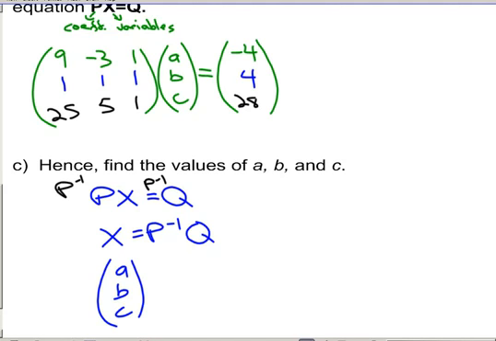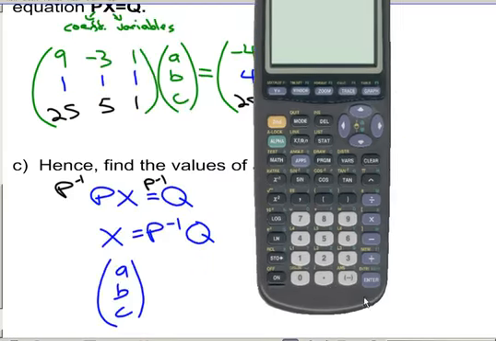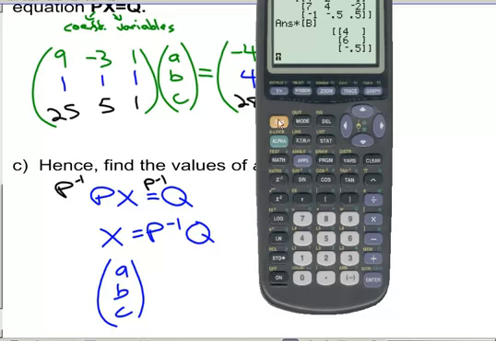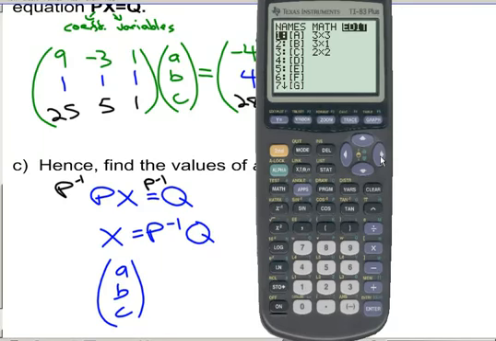So I'll go to my GDC. I'm going to have to put in these matrices. I call them P and Q in the question. I'm going to call them D and E. So my matrix D is a 3 by 3 with the numbers 9, negative 3, 1, 1, 1, 1, and 25, 5, 1.